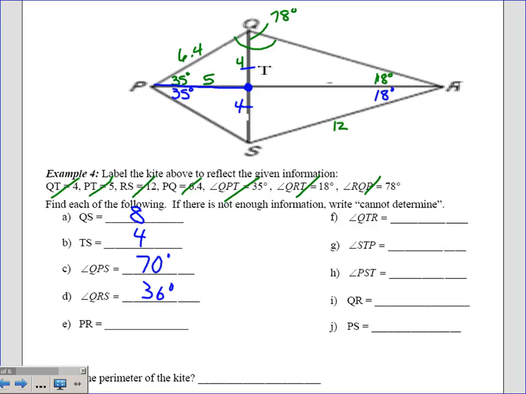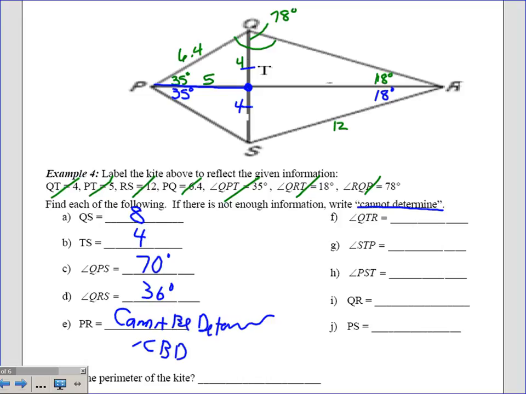We don't know what it is right offhand. So because it says, find each of the following, if there's not enough information, right, cannot be determined. Let's write CBD, cannot be determined. That sounds okay.